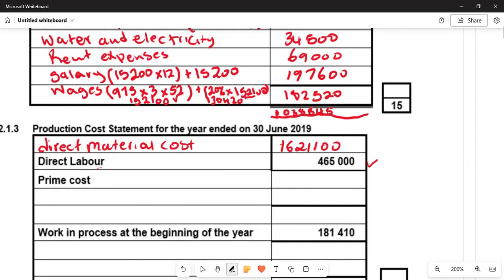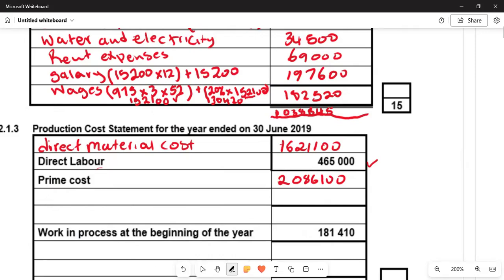When we add direct material cost to direct labor, it gives us what we call the prime cost, which is 2,086,100.